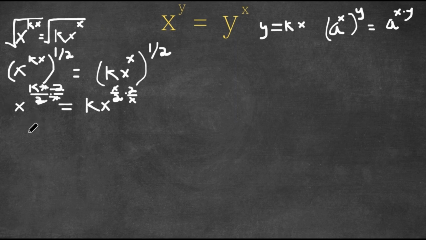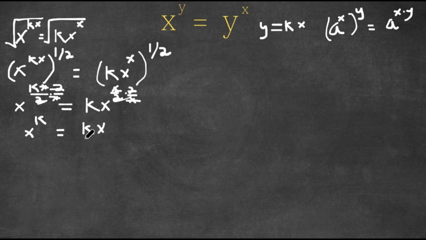So on our left-hand side, we would be left with x to the power of k. And now on our right-hand side, our 2's here would cancel out, and so would our x's. So we would just have k to the power of x to the power of 1, which is simply k to the power of x. So now we have x to the power of k equals k times x.